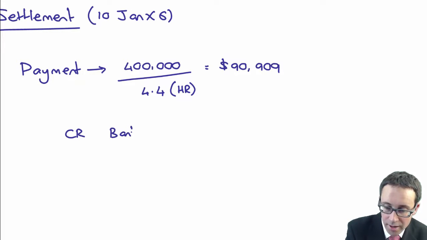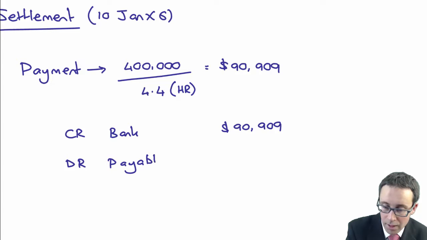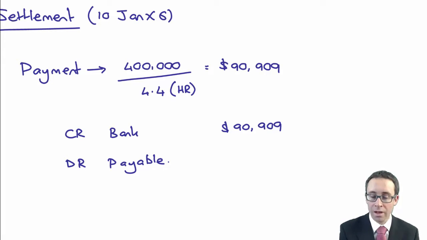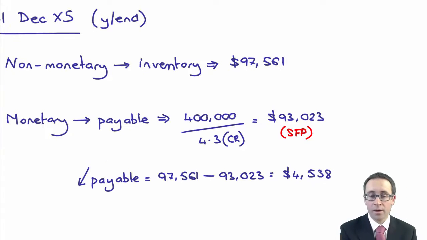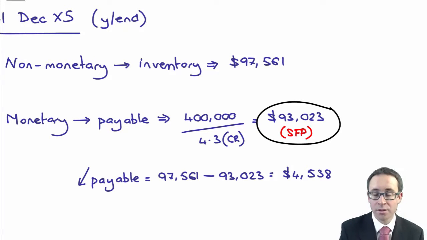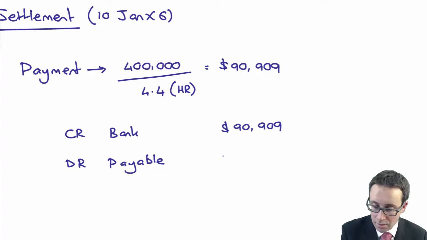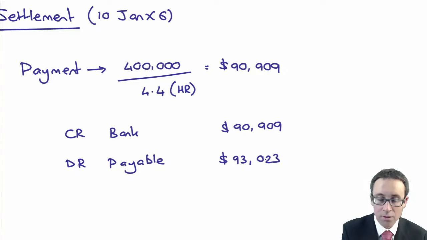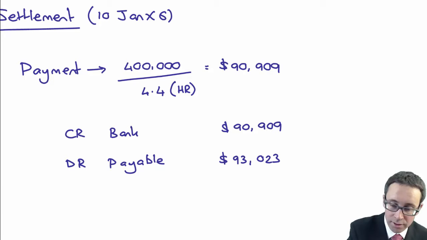So I am going to credit the bank with 90909. I need to remove the payable. So I am going to debit the payable. Well, what was the last known balance on the payable? It was there, wasn't it, as 93023. So I debit my payable with 93023. You can see there that it doesn't balance, does it?